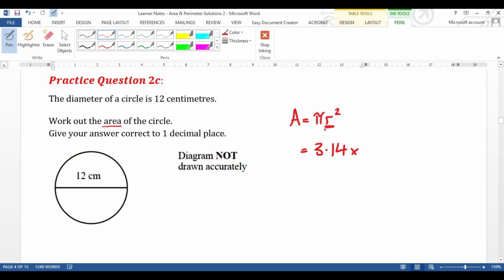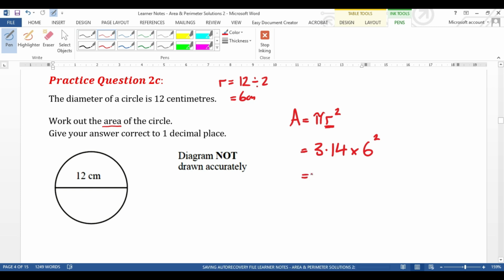See, this is why I think it's a good idea to write down the formula first, just to help remind yourself, what do I need? And in this case, we need the radius. Well, if the diameter is 12, radius will be half of 12, which is 6 centimeters. So that's the one we want here in our formula, and we have to square that. Yeah, so just be careful.